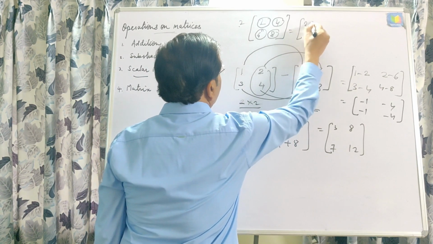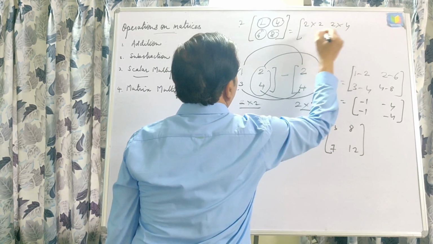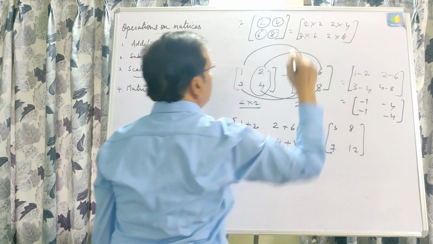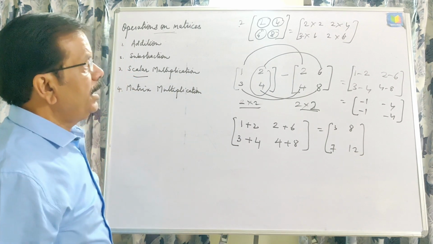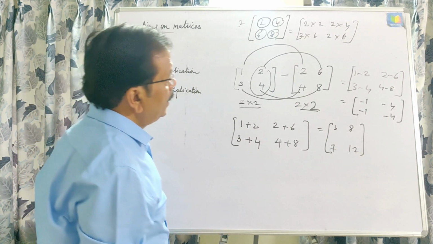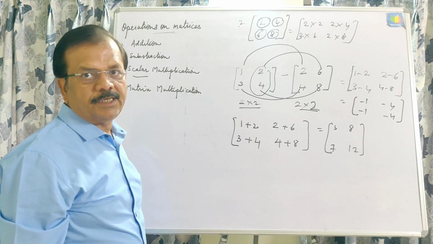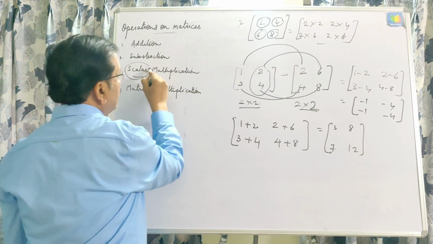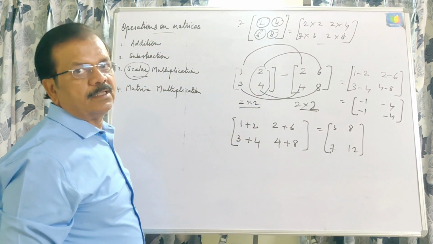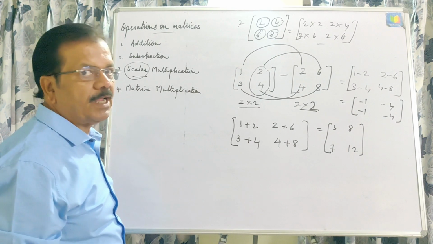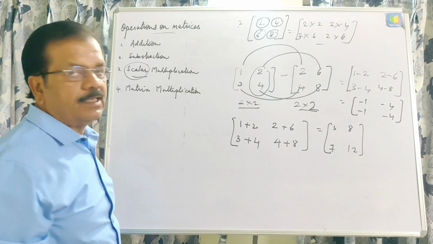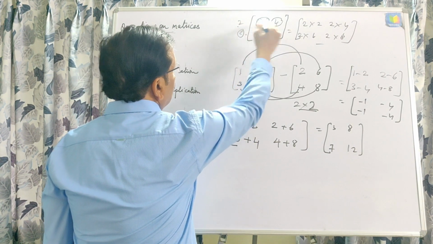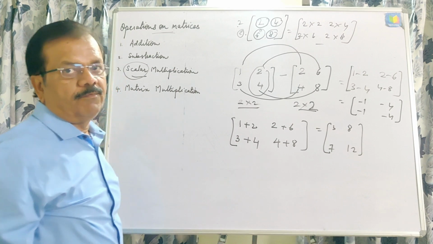That is 2 multiplied by 2, 2 multiplied by 4, 2 multiplied by 6 and 2 multiplied by 8, and the answer will be 4, 8, 12 and 16. This will be the answer in this case. So in scalar multiplication, each element of the matrix should be multiplied by the scalar quantity. In some questions you will find k given in place of 2, and then you will multiply each quantity with k.